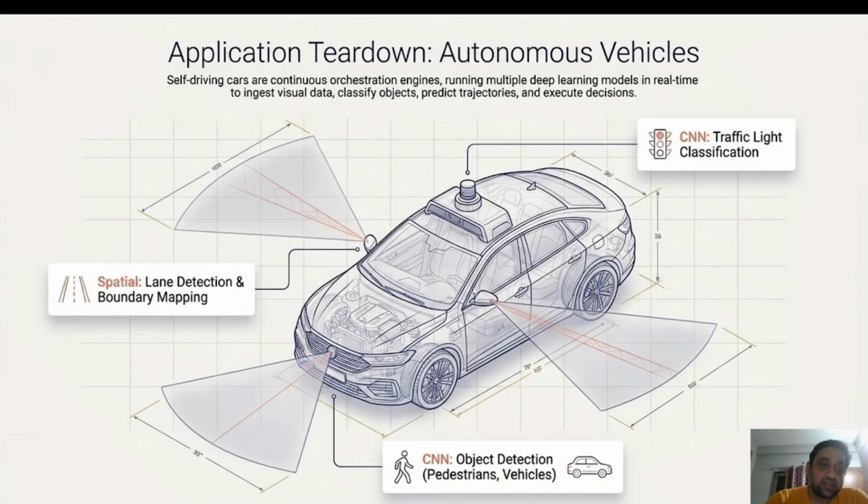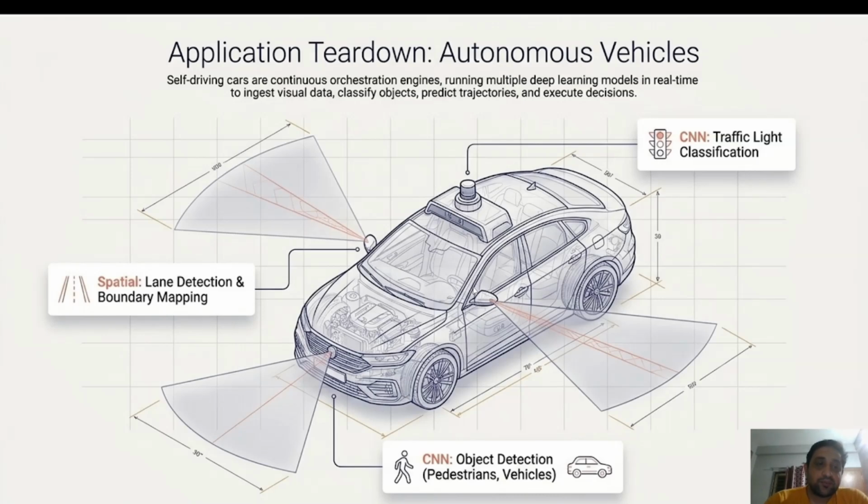CNN traffic light classification. A separate specialized CNN focuses specifically on traffic lights, detecting their color and state, red, yellow, green, flashing, and feeding that information into the decision system. Spatial models, lane detection and boundary mapping, using data from cameras and LiDAR sensors, laser range finders.